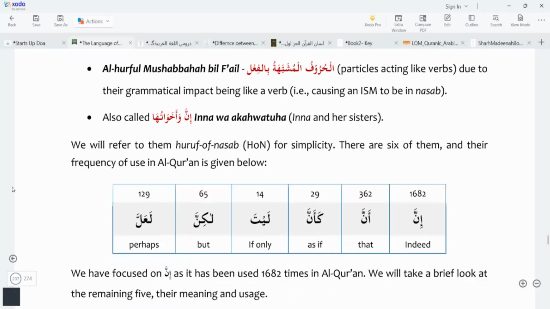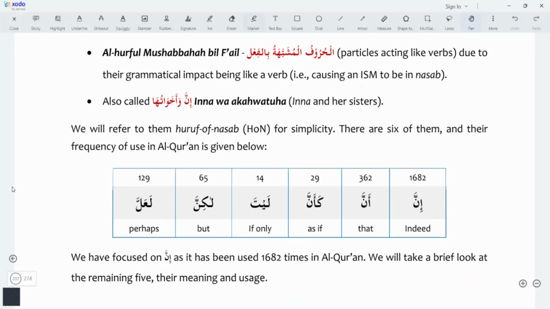We call inna also al-huruful mushabbah bil fail. Why do we call it al-huruful mushabbah bil fail? Because they act like a fail. They act like a verb.